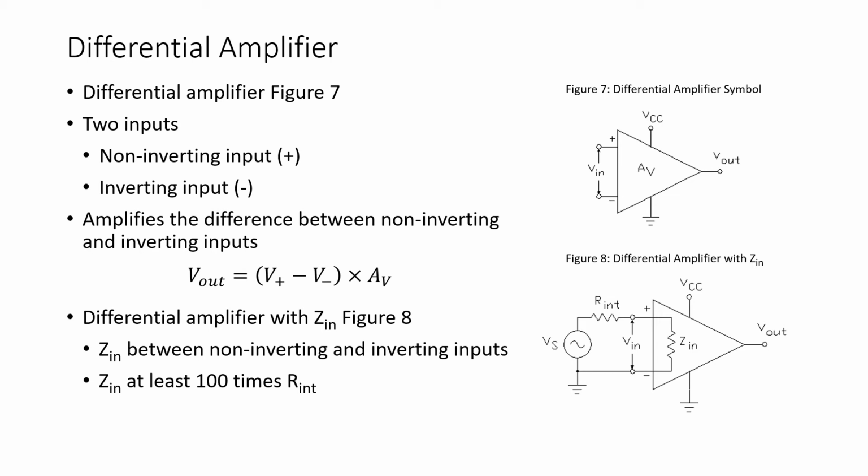The differential amplifier amplifies the difference between these two inputs. Mathematically, V out equals the non-inverting input minus the inverting input times some value of gain.